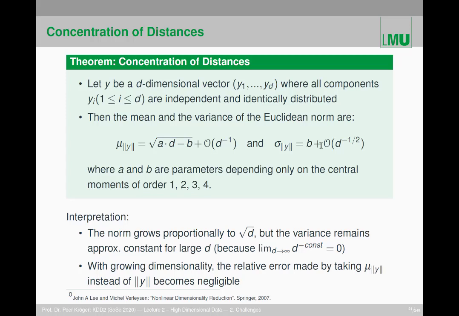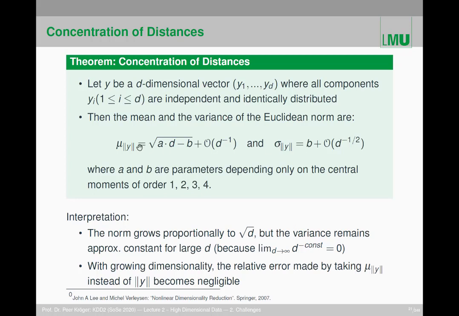In other words, and this is the last point here, if I take the mean of the distances instead of the individual distance, the relative error I make becomes negligible, because the variance doesn't grow.